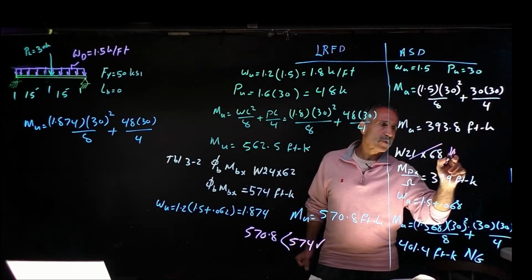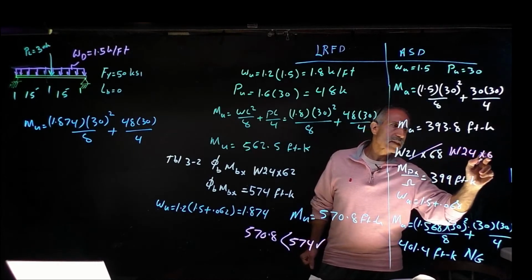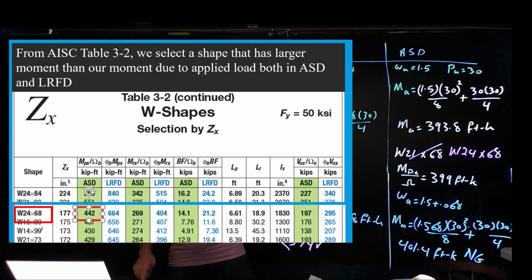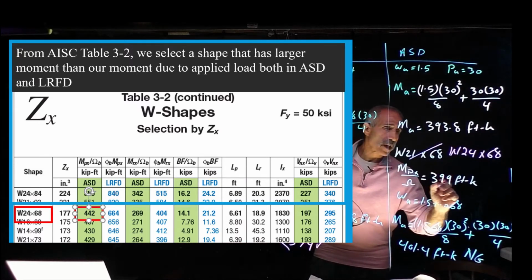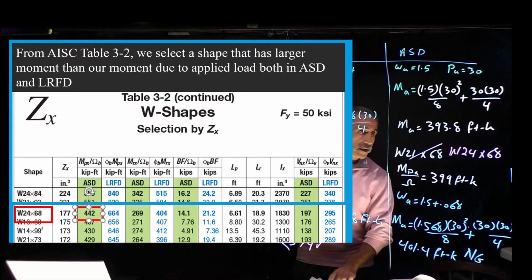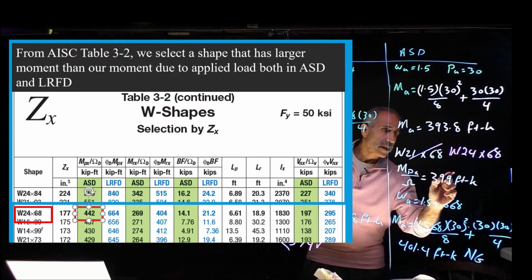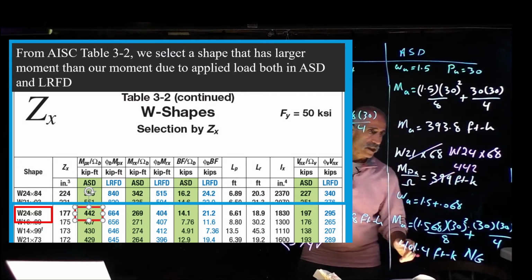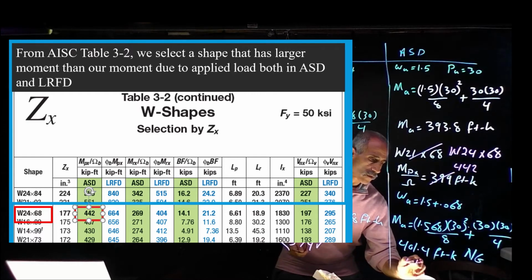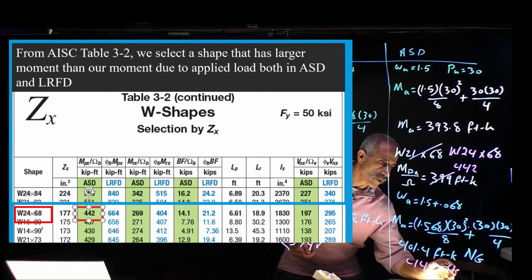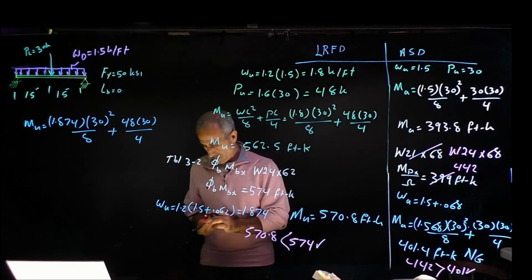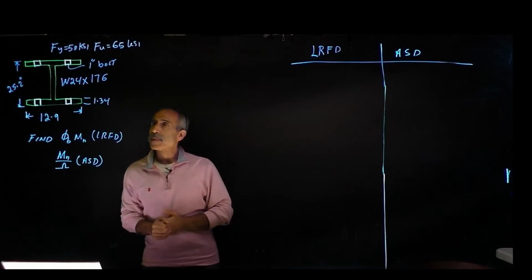We're going to go W24x68, and our capacity comes out to 442, which is bigger than this one, and therefore we say, okay, 442 bigger than 401, we're okay with W24x68. We're going to go ahead and move on to the second problem.